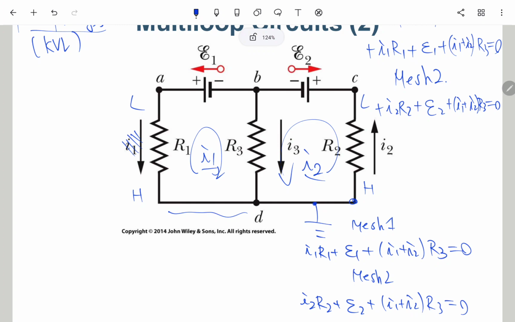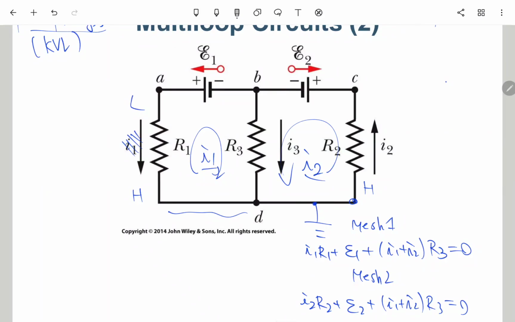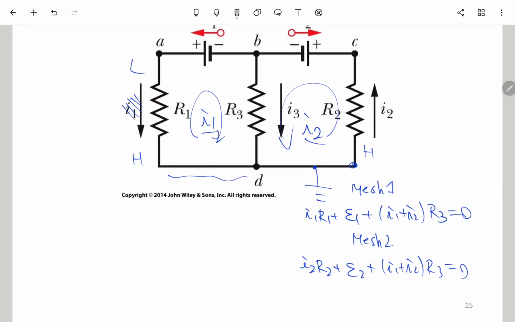Actually, we can simply collect the similar terms. This is I1, this is also I1, so we have (R1 plus R3) times I1, plus R3 times I2, equals negative E1.